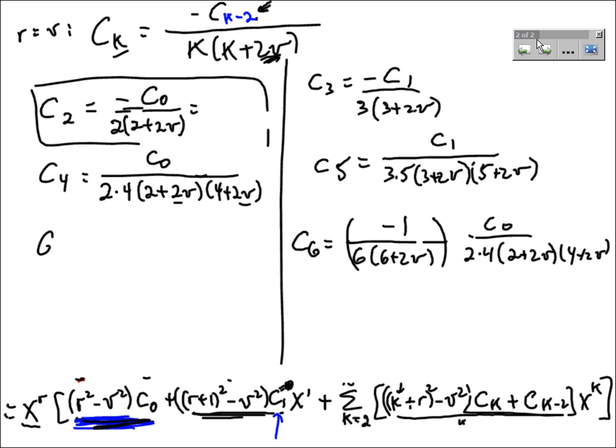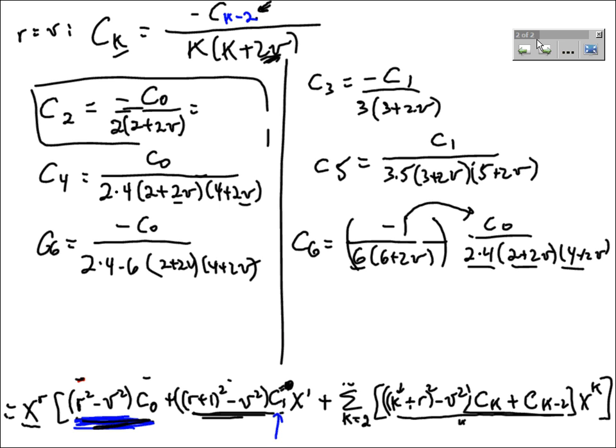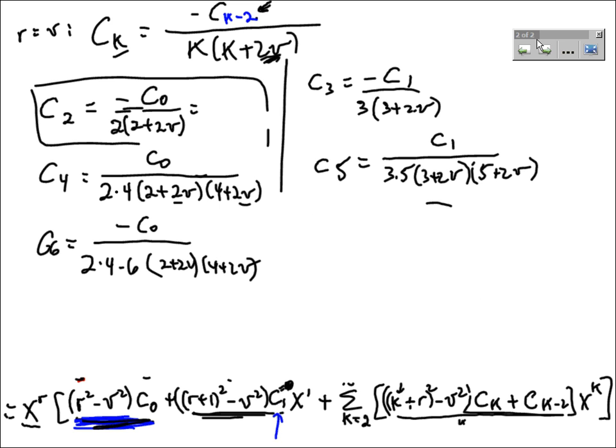So for c6, we get negative c0 over 2 times 4 times 6, times (2 plus 2v), (4 plus 2v), and now (6 plus 2v). And hopefully you see your pattern.